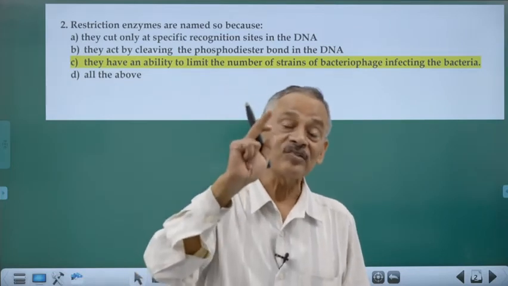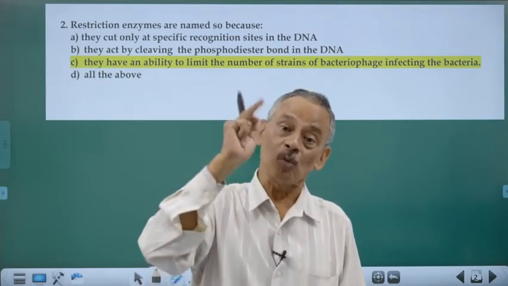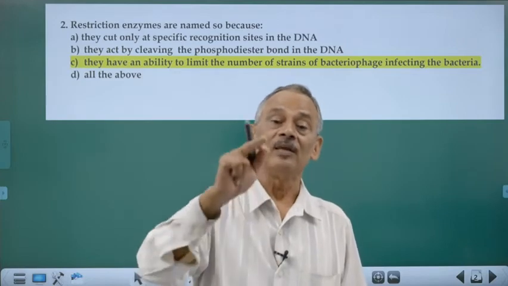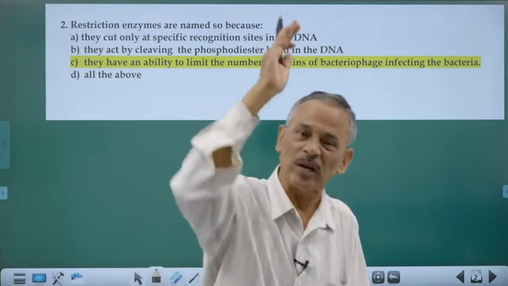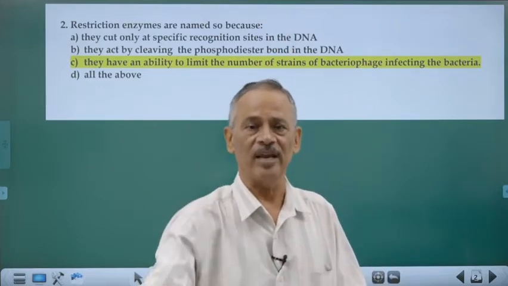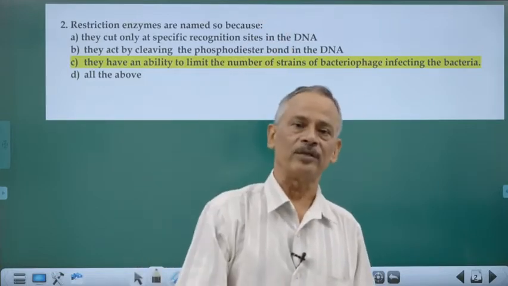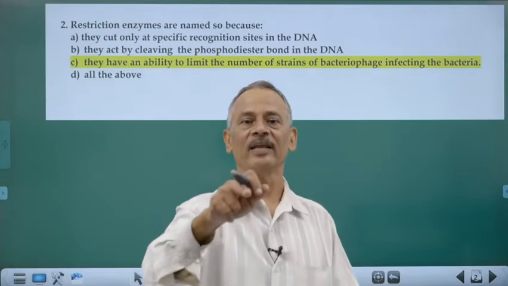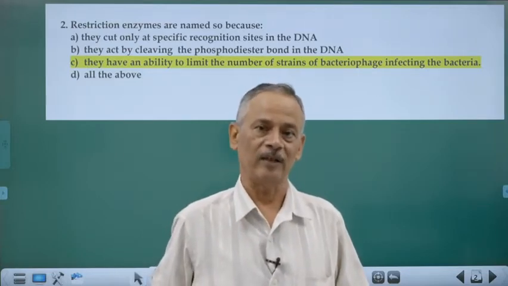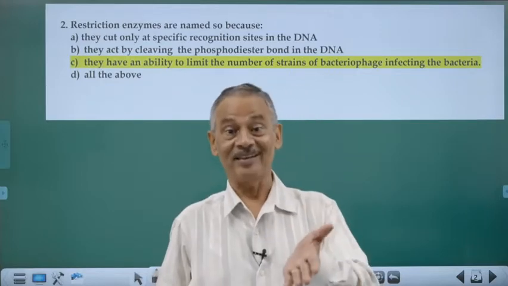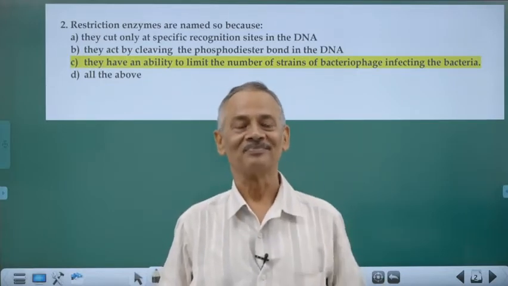Because viruses are not allowed to multiply within the bacterium always. Bacterium has an ability to resist, to restrict, to limit the growth of their DNA within the host cell, within the bacterium cell. That's why the bacteria are also living now.